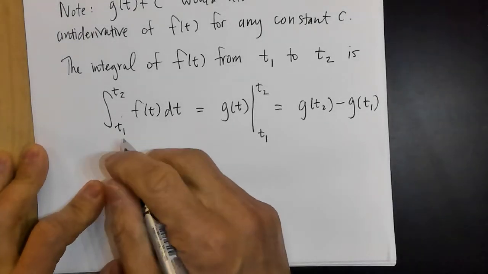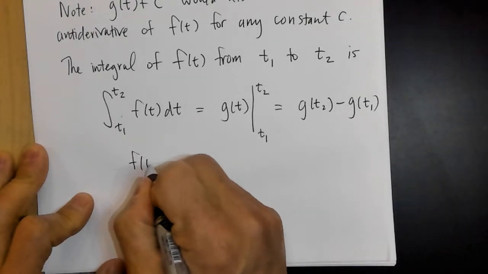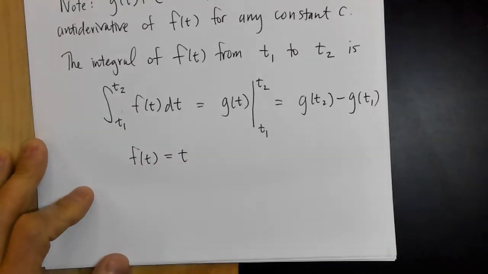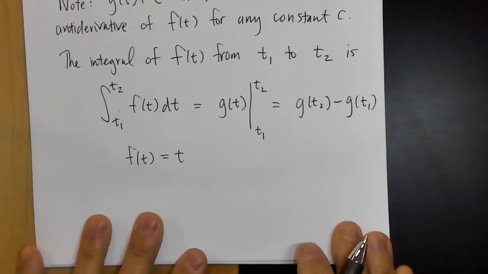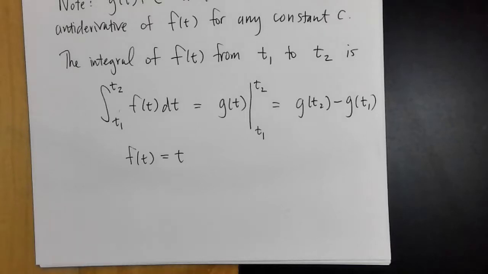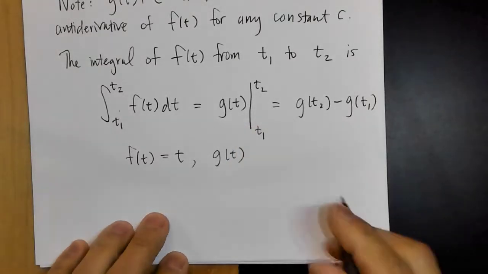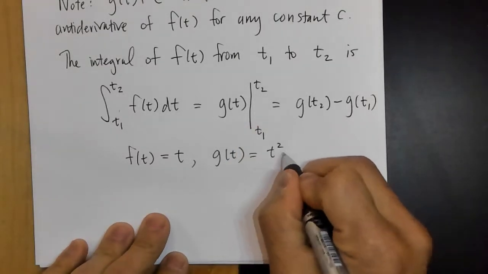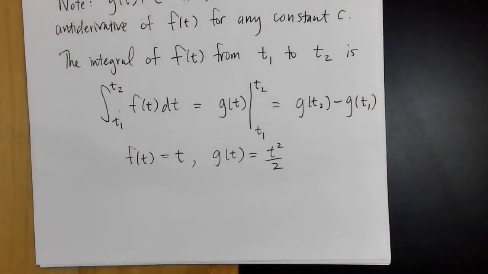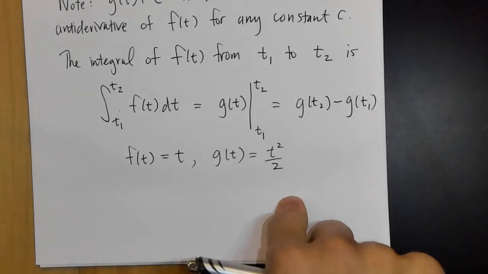Let's do an example. Suppose I have the function f of t is equal to t. All right? But then an antiderivative, I need to cook up a function such that when I take the derivative of it, it gives me t. Okay? So I know how to do that. If I do t squared over 2, if I take the derivative of t squared, I get 2t, but the 1 over 2 sitting on the front cancels the 2 that I will get. Okay, so that will give me t.